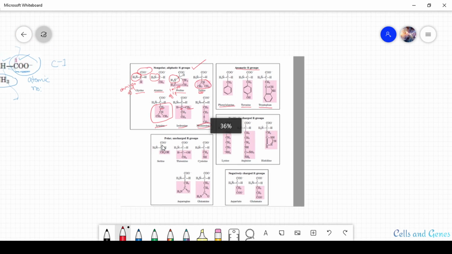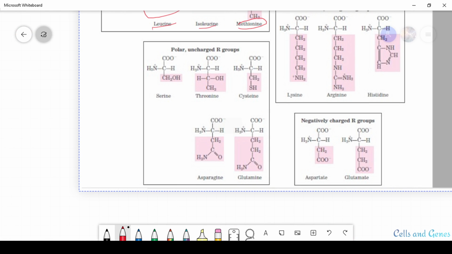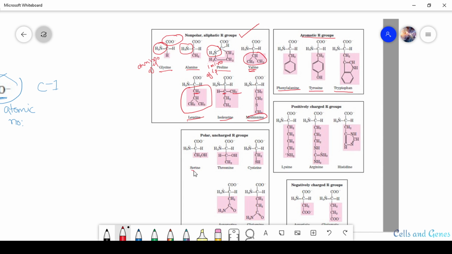Now coming to polar uncharged groups: serine, threonine, cysteine. Serine has a hydroxyl group here, as do threonine and cysteine.